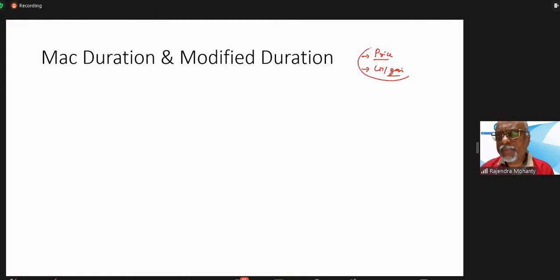That has to be measured. So how are these measured? By using Macaulay duration and modified duration.